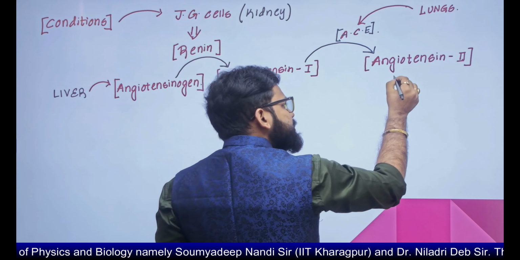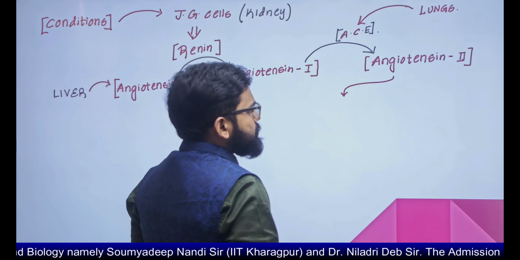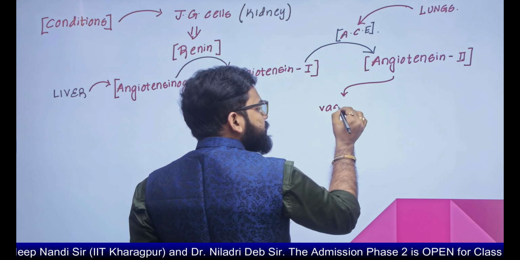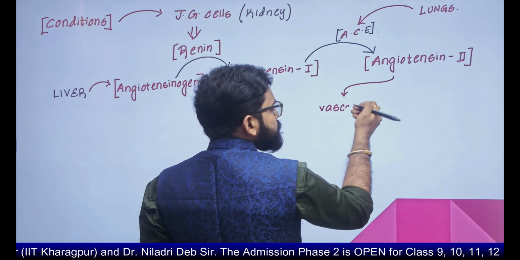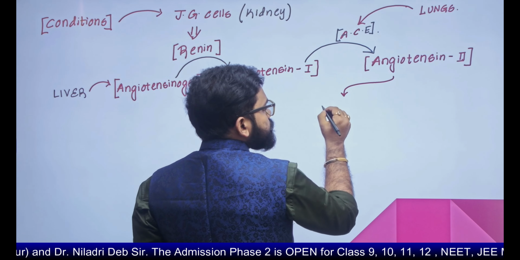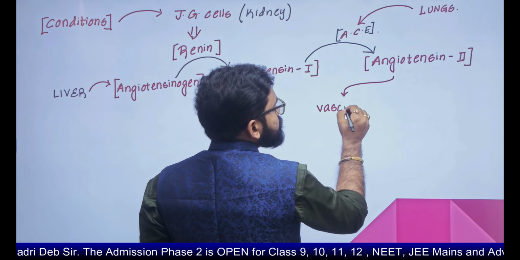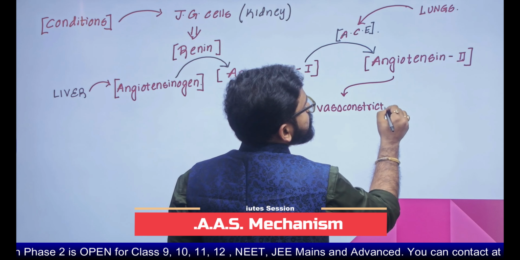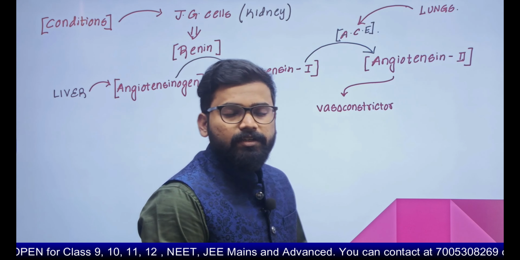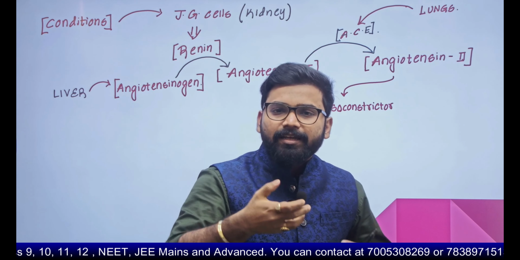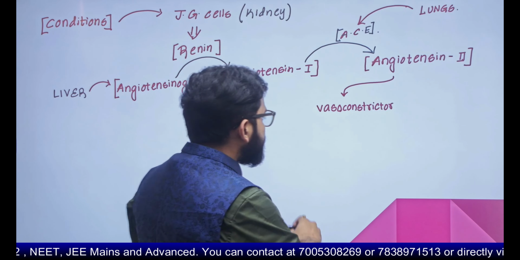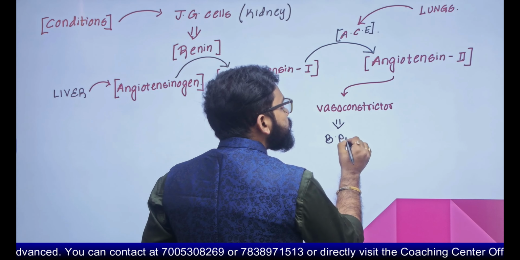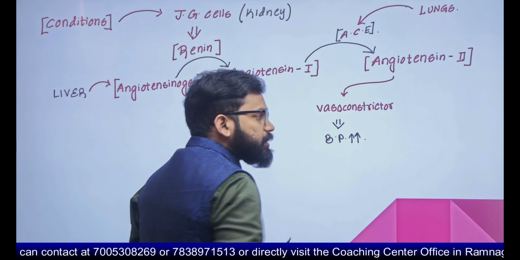This angiotensin second, first, is a potent vasoconstrictor. If there is vasoconstriction, then blood pressure will increase. Then this will do what? This will increase blood pressure.